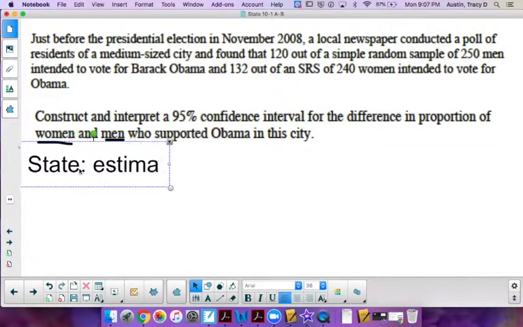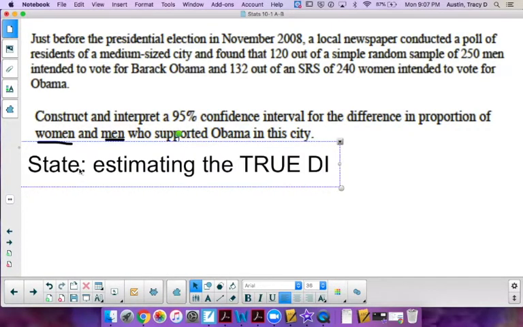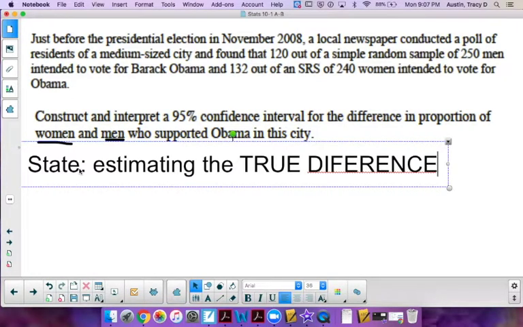We are estimating. I'm going to capitalize what you should have: true difference, two F's would be good.